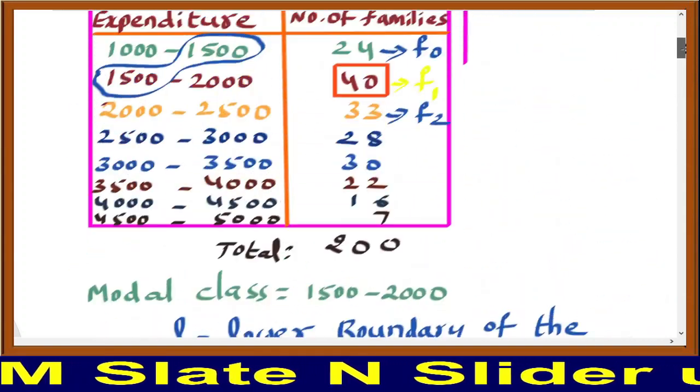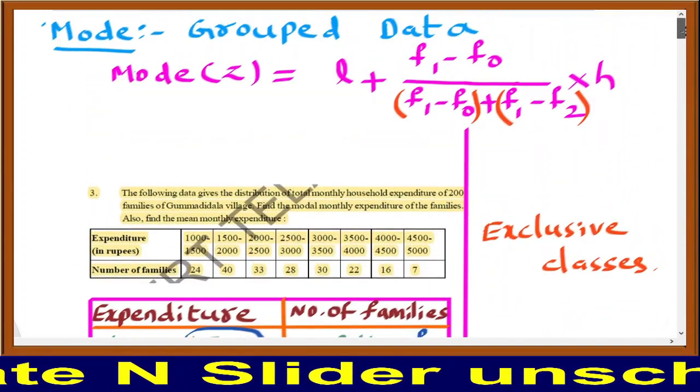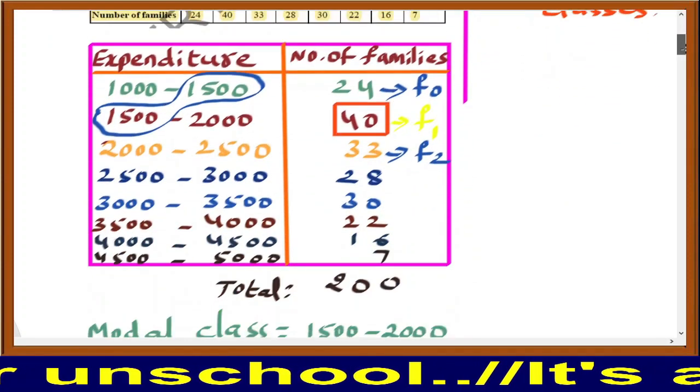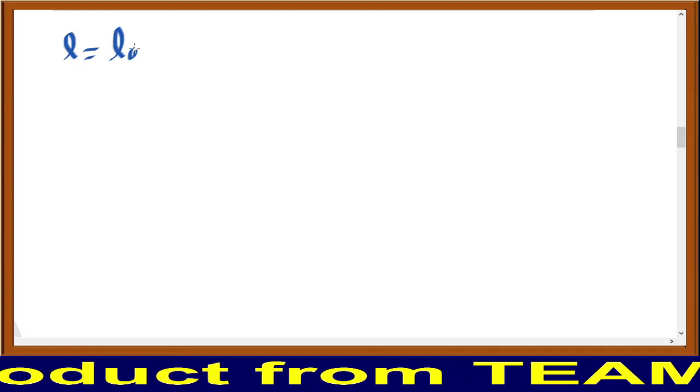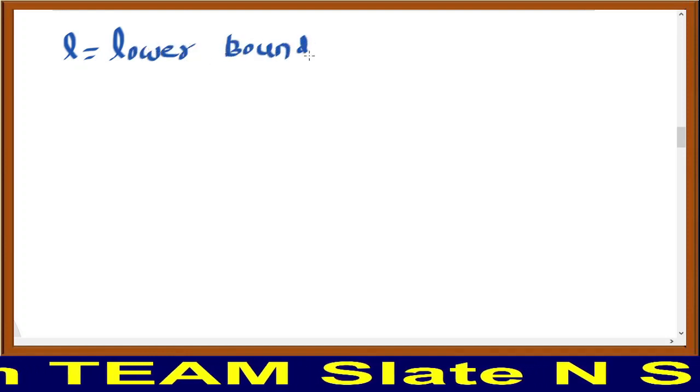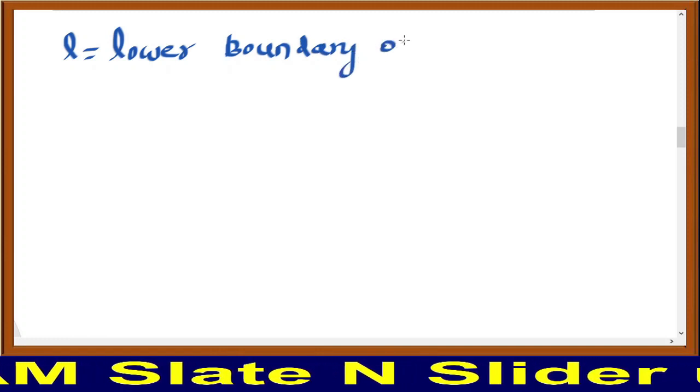Now I will write in the formula what is L, what is F1, what is F0, what is H. I will write here again. L is equal to the lower boundary of the modal class.